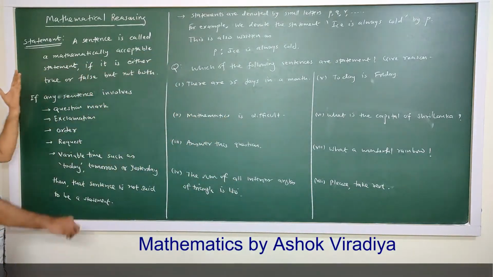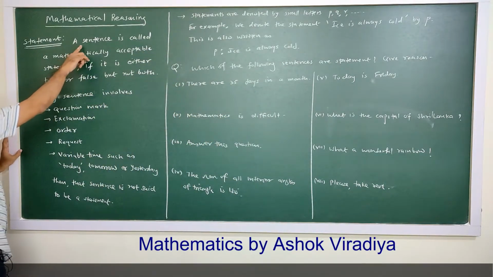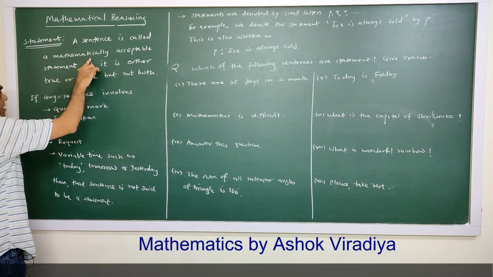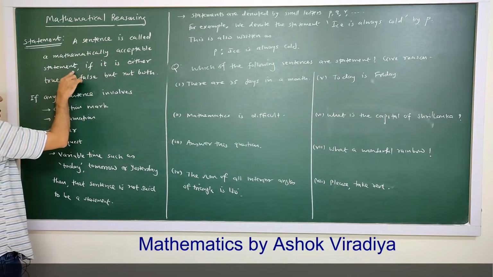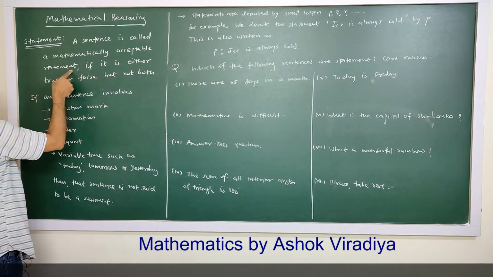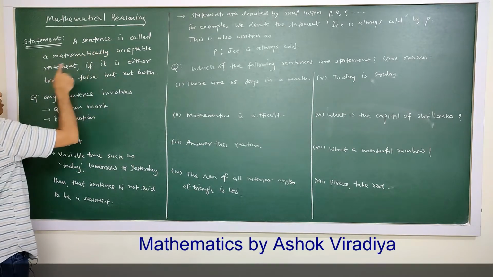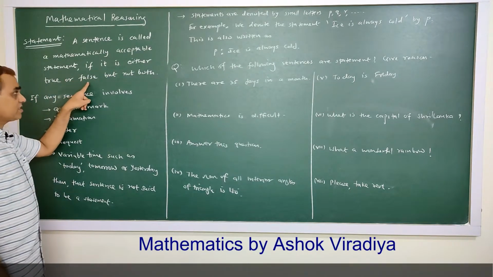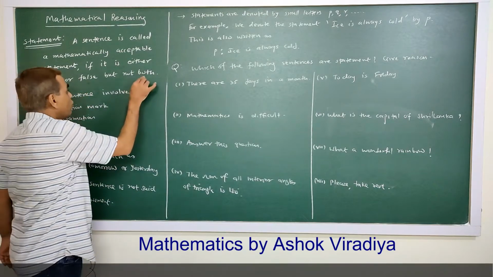The definition of a statement is that a sentence is called a mathematically acceptable statement, or simply a statement, if it is either true or false, but not both.